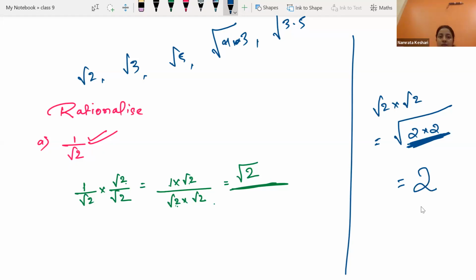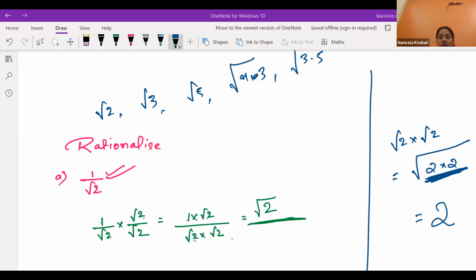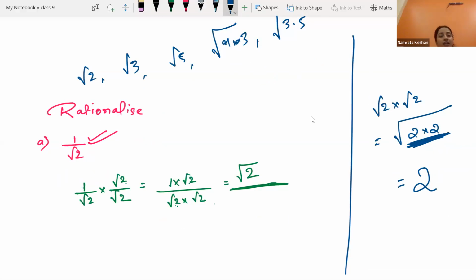Are you getting it? Yes, ma'am. Everyone, Aleph, Purva, Khadija, are you getting it? Yes, ma'am. Okay, so root 2 into root 2 is just 2. Why just 2?